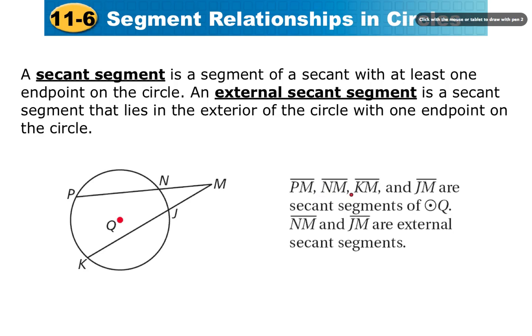It says that PM, NM, KM, and JM are secant segments of circle Q. So all of these are secant segments. But there's only two external secant segments, and these are the only two, NM and JM. So understand that because we're going to be using that on the next theorems.